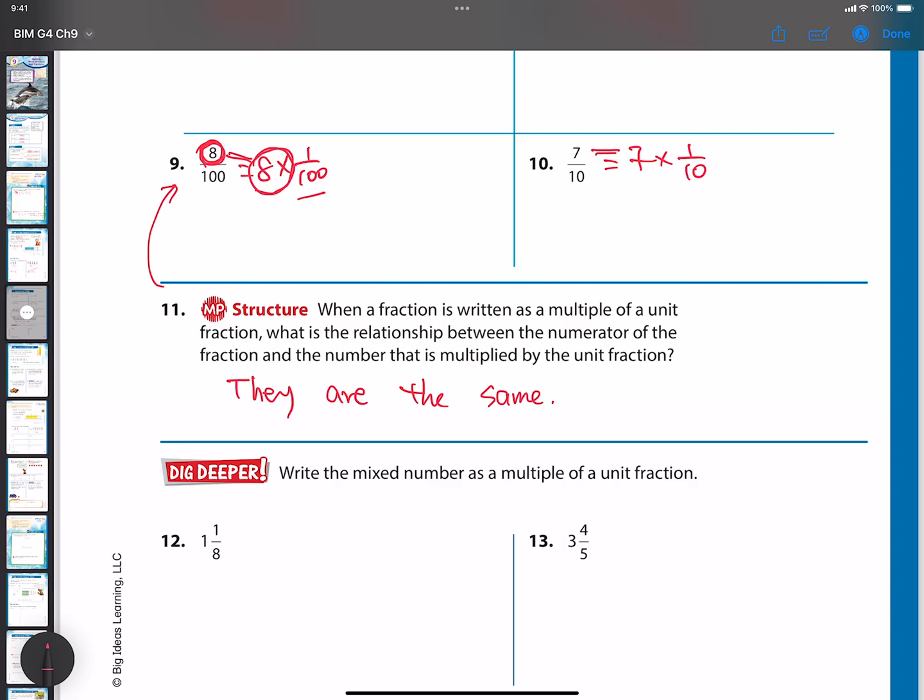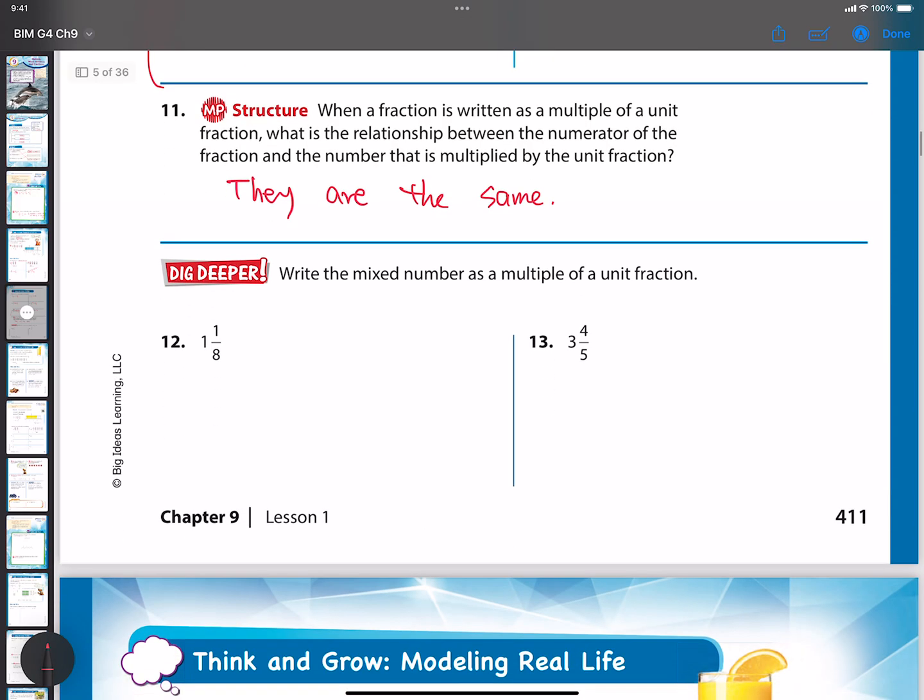Okay? Alright, now write the mixed number as a multiple of a unit fraction. So this is equal to what? 1 whole plus, like Lego blocks I said, right? They just attach to each other. Now we need to detach, and this 1 whole can become 8 over 8, and it can be any fraction as long as they have the same numerator and denominator.